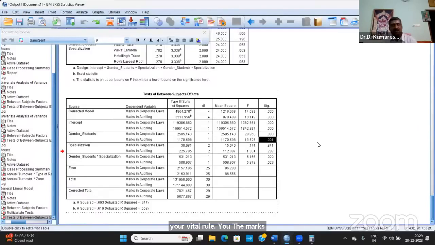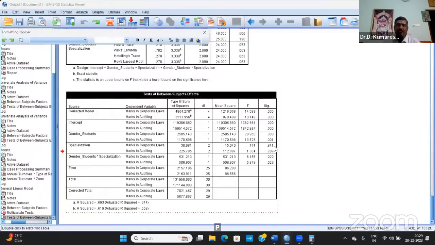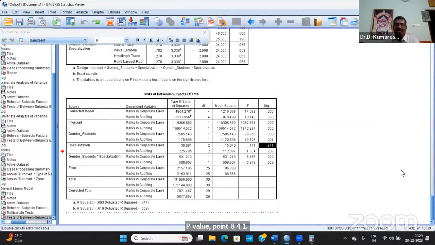Whereas if you look at the specialization, marks in corporate laws, p-value 0.841. It is greater than 0.05. So it is not significant.